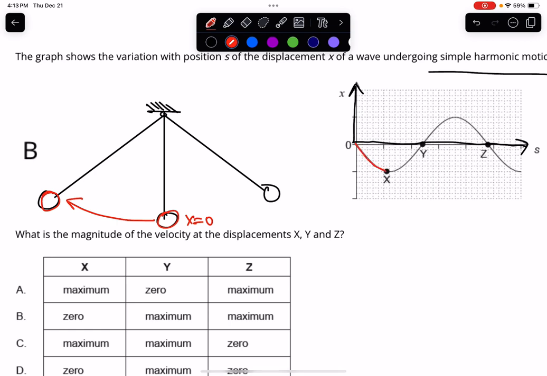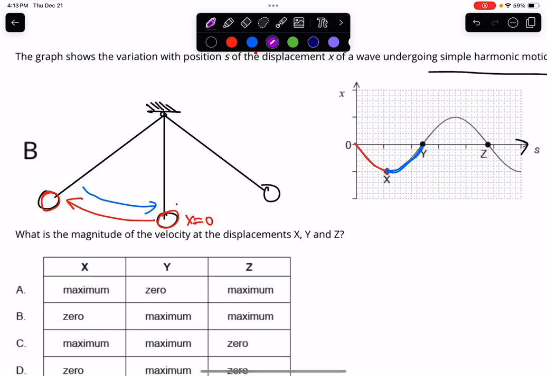So at this point, what we're seeing is that the displacement is the minimum, because at your negative amplitude, you have minimum displacement. Okay? Then after that, to make the oscillation, the pendulum bob is going to go back up. So it's going from the negative displacement over here, it's going back to 0, so you get this increase in displacement.